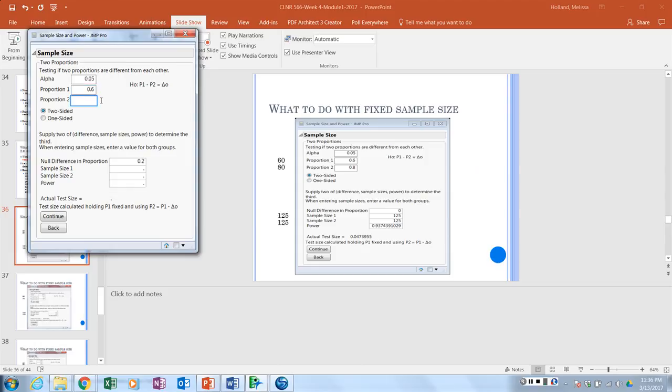What I don't know right now is the second proportion, so that's what I'm going to have to estimate. This null difference again is 0. We know the sample size in this case, so 250, so 125 men, 125 women is our assumption. We're trying to determine how much power we would have.